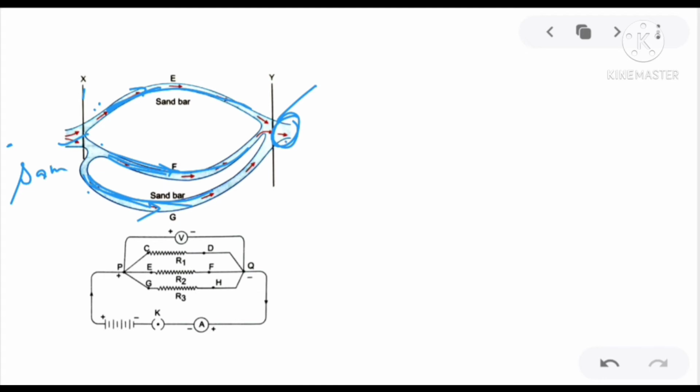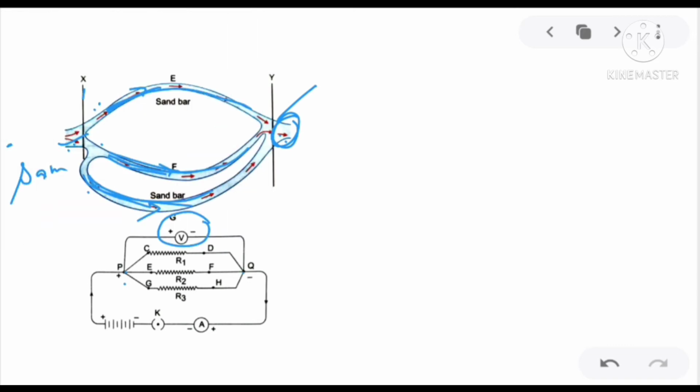That means at the beginning and at the ending, the 3 outlets have the same pressure of water, isn't it? That pressure of water is what we here call potential difference, at this point and at this point.